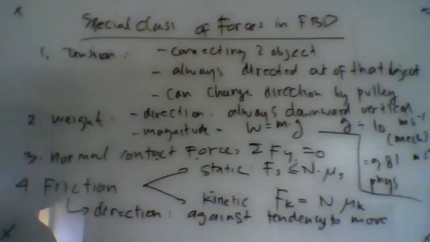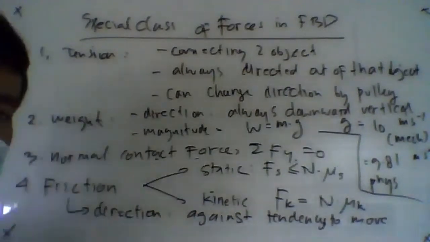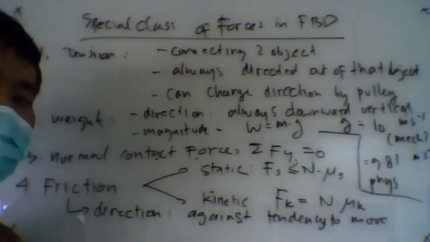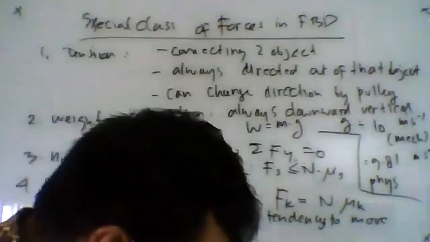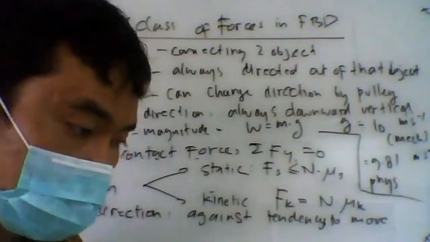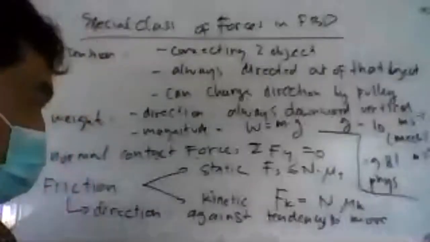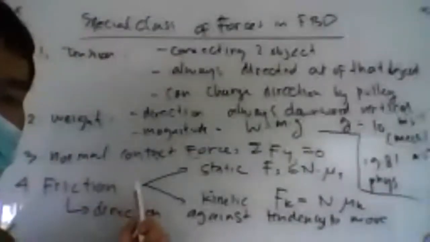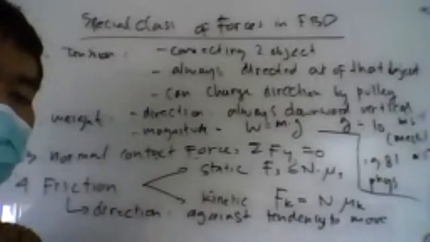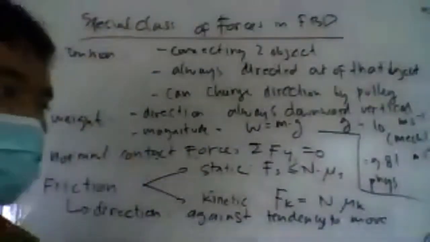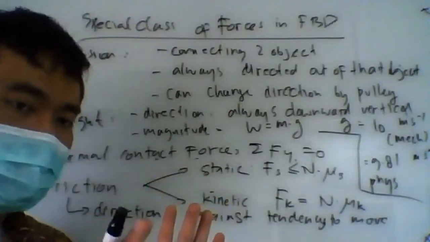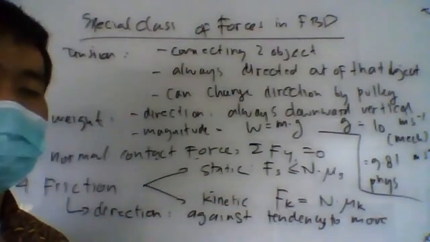Okay. Sir, what is kinetic friction like? Kinetic friction is the friction that happens when an object is in motion. If an object is initially not moving, the friction we call static friction.